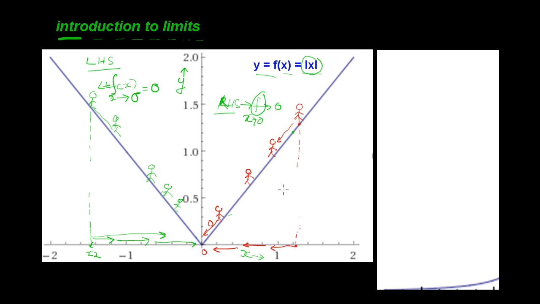And in this case, we write the limit of f of x when x tends to 0 from the positive direction, from the right hand side, is equal to 0. In this case, f of x was the absolute value of x.